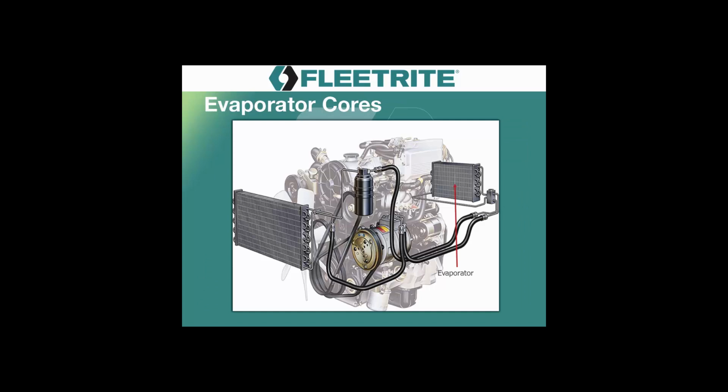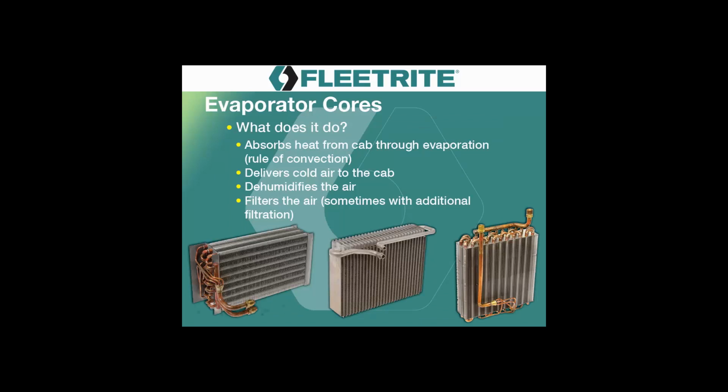And as we mentioned before, the evaporator is that cold thing inside of the cab that all of that heat we talked about moves to. That heat moves from the cab into the evaporator. It absorbs heat from the cab as the refrigerant is evaporating, moving through. It functions just the opposite of the condenser.